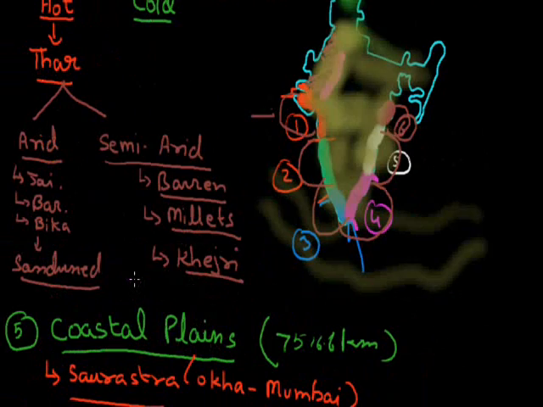Here in the map we can see these are Lakshadweep Islands in the Arabian Sea, made up of coral islands, while these are the Andaman Nicobar Islands divided into two parts. This is the Andaman Islands.